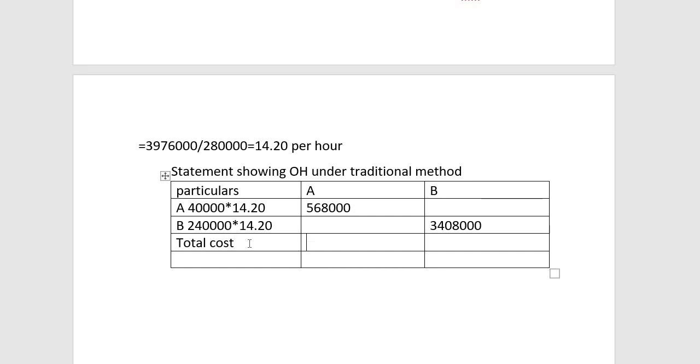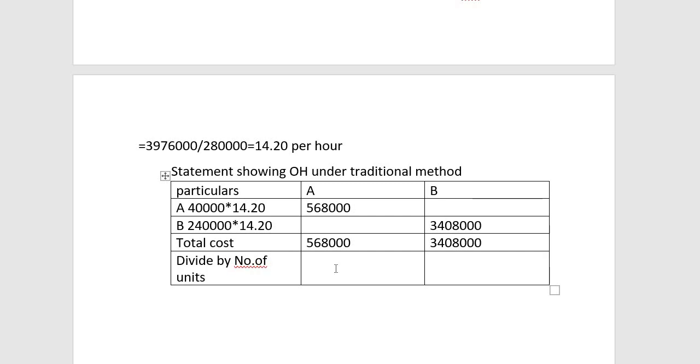You can make a total cost here. Total cost same, 5,68,000. Next 34,08,000. So we have to divide it by number of units.